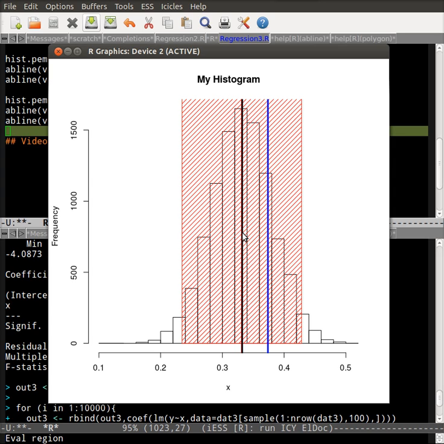So we're looking pretty good. And if I resampled many times, if I took a new sample of 100 or 200, this blue line would change, and it wouldn't be systematically off to one side, if our assumptions are met.